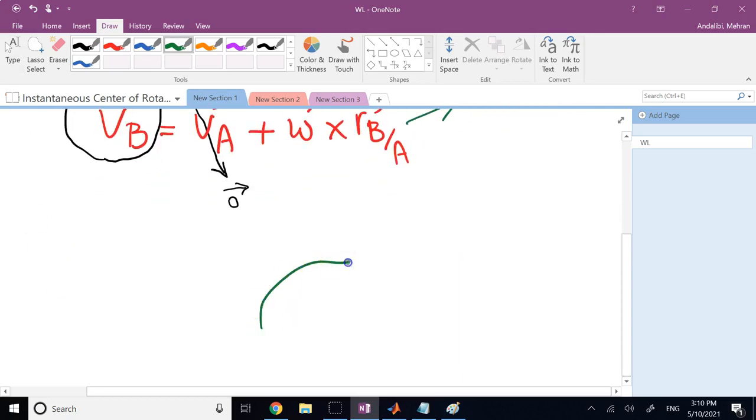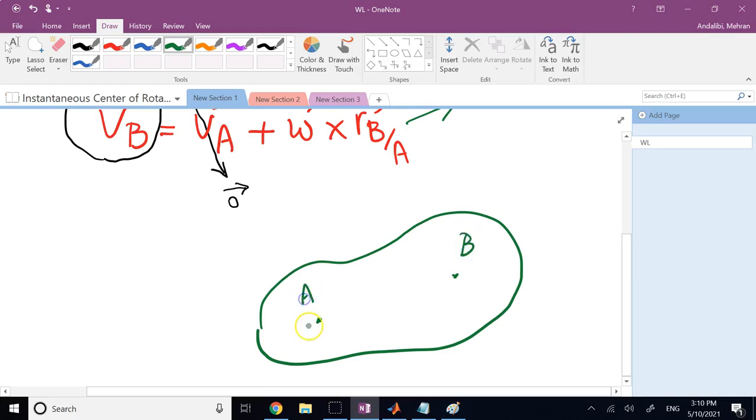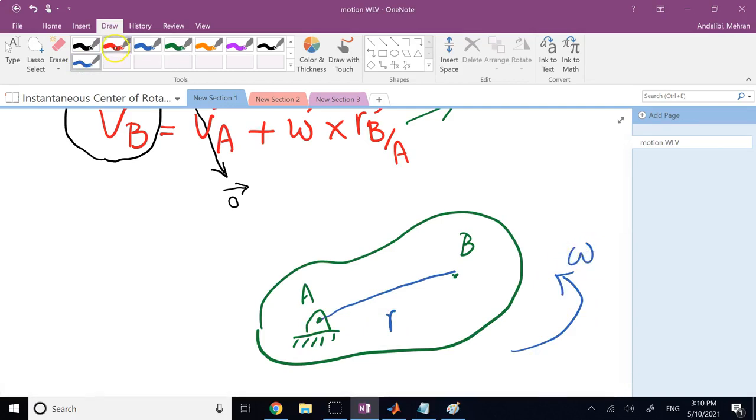So basically what you have is, if you draw that again, and this is point A and this is point B, so temporarily A is acting like a pivot. If you draw a position vector from A to B and call it R, and this is the rotation omega of the rigid body, then point B is going to move in a direction that is perpendicular to omega.